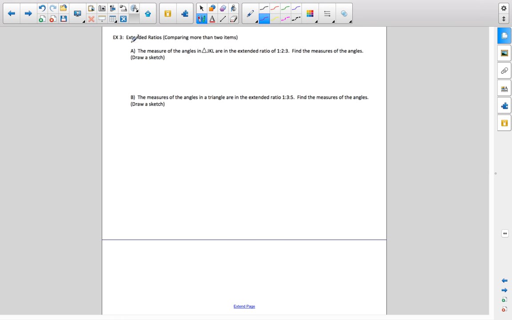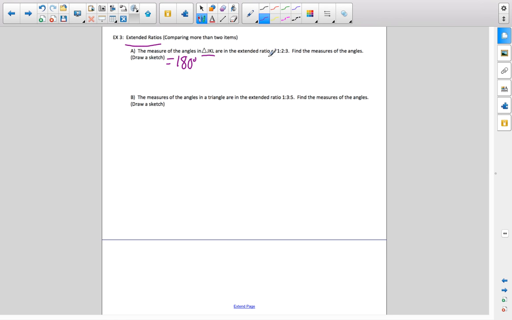Now we're going to do something called extended ratios. Remember that the measures of the angles in a triangle equal 180 degrees. That's never going to change. It doesn't matter what kind of triangle it is. We've learned that in the last couple of chapters. Actually, we reviewed it in polygons on the first day. The extended ratio of the angles is 1 to 2 to 3.